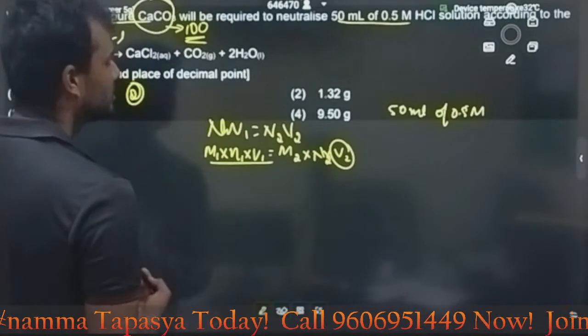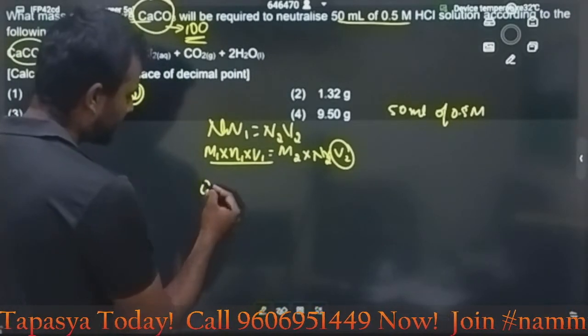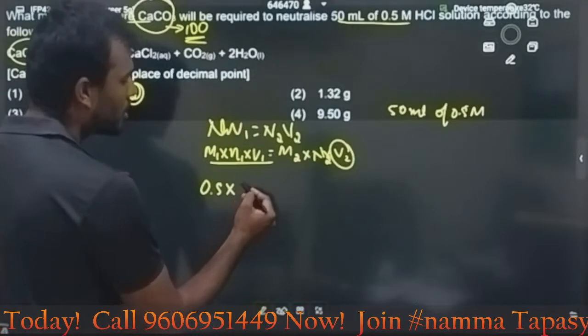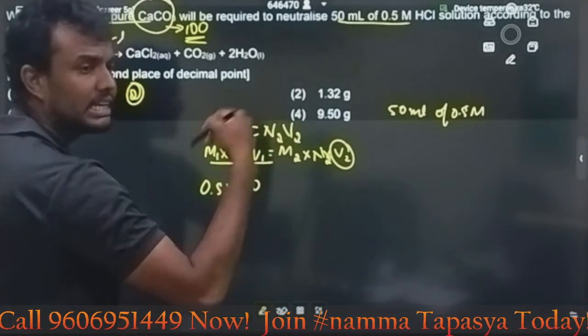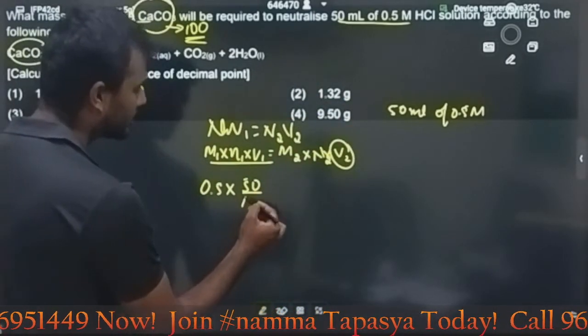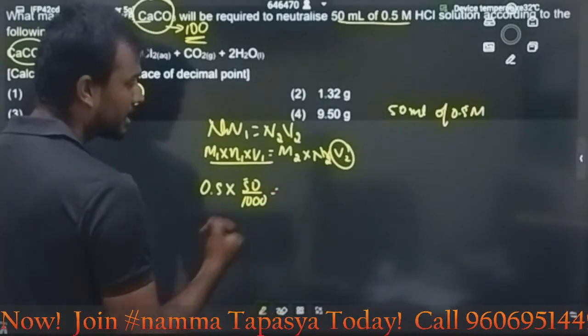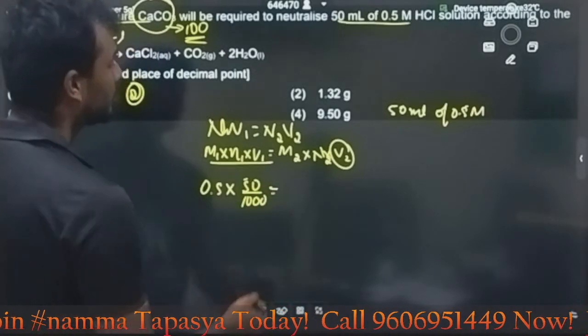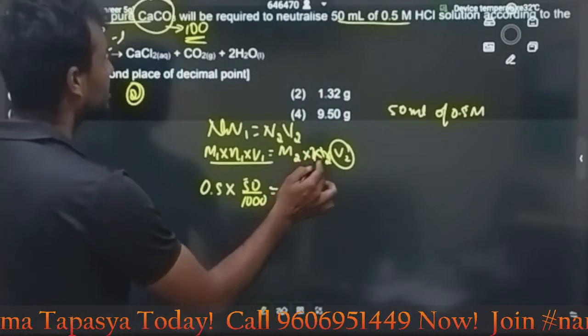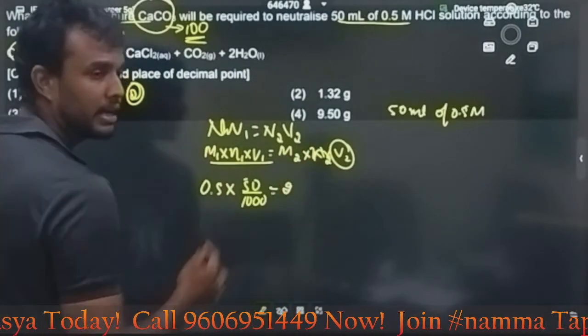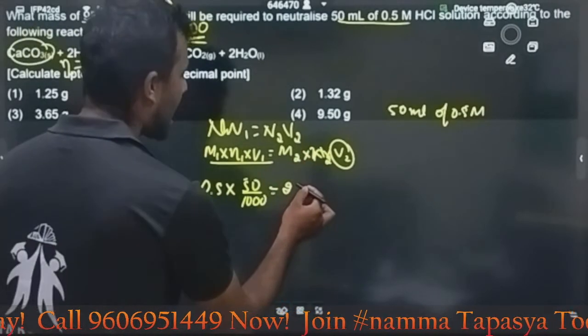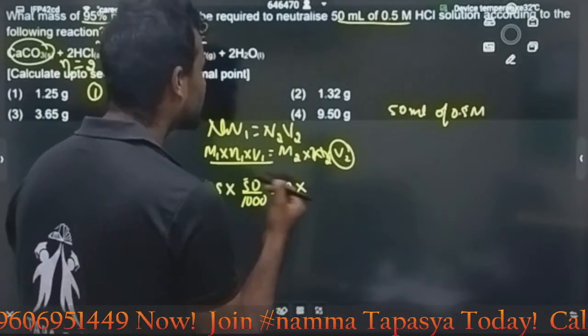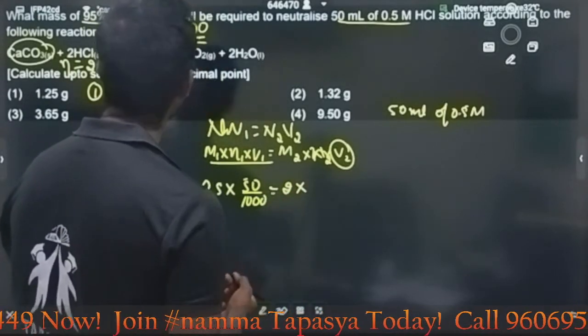Here, come here. Here 0.5. N value is 1. Volume, let's calculate in liter: 50 divided by 1000. Then similarly M2. N2 value for calcium carbonate is 2. Molarity M2, mass we need to calculate. You can go with mass only directly.